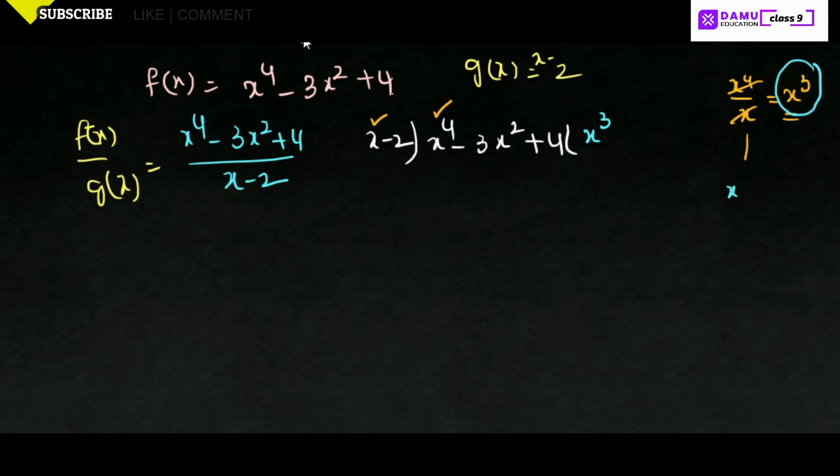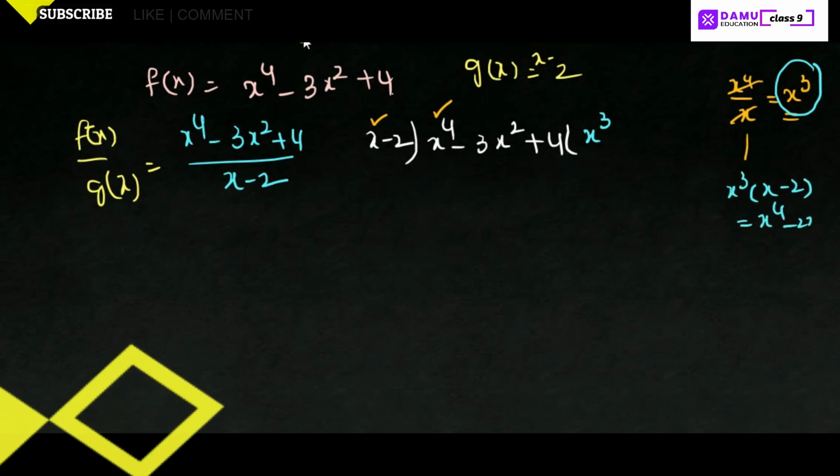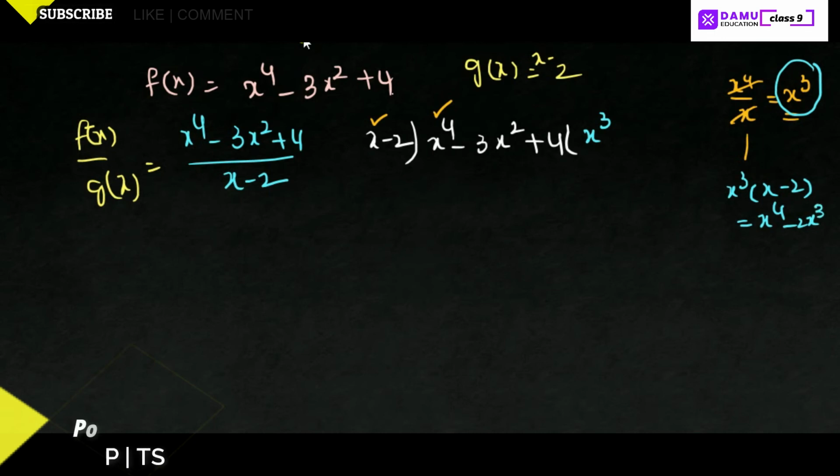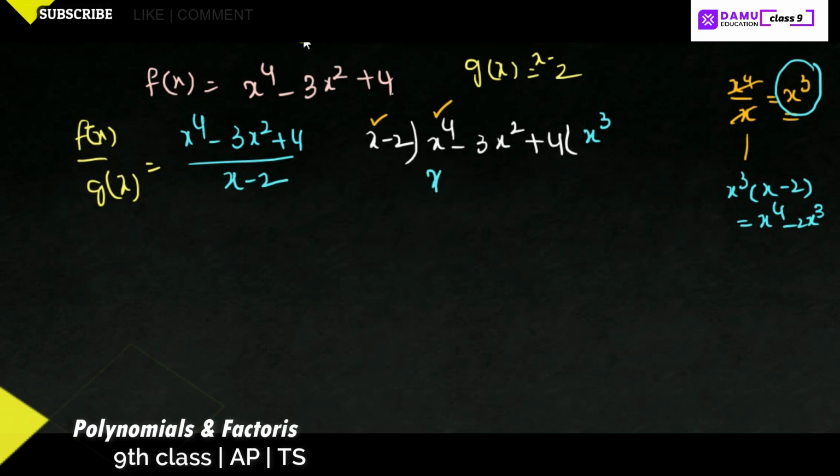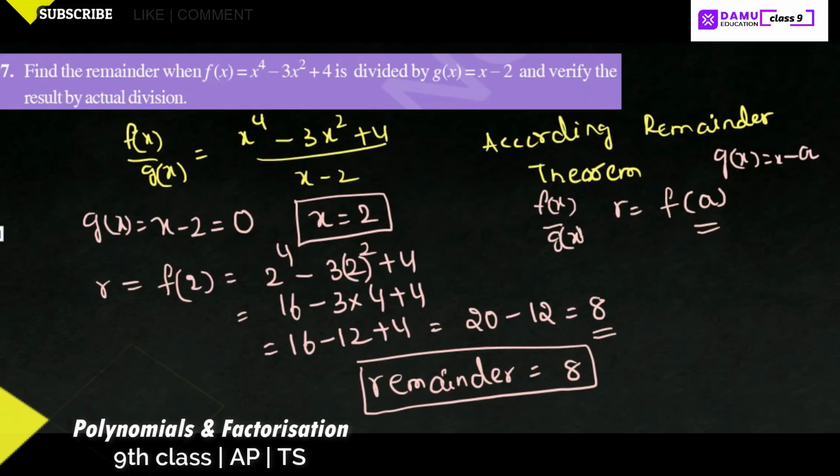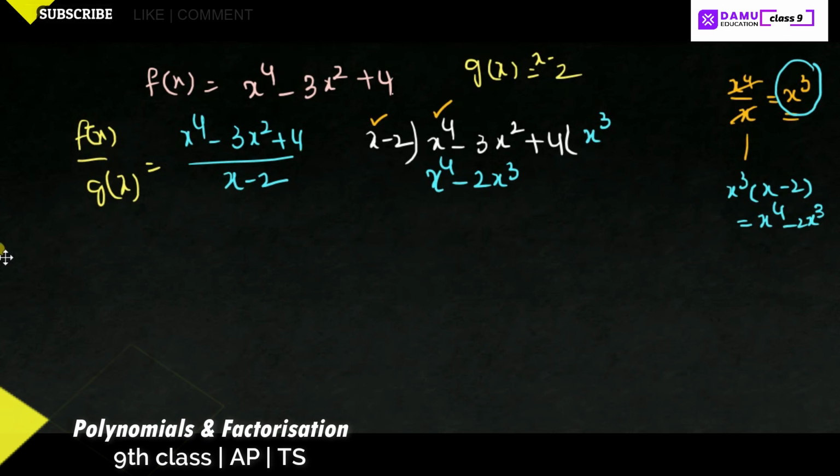Then x cube into x minus 2 will become x power 4 minus 2x cube. So here you will get x power 4 minus 2x cube. Then we have to change the symbols.